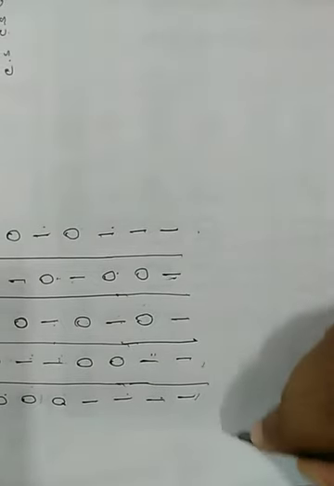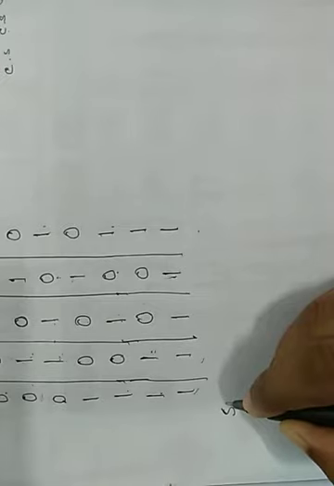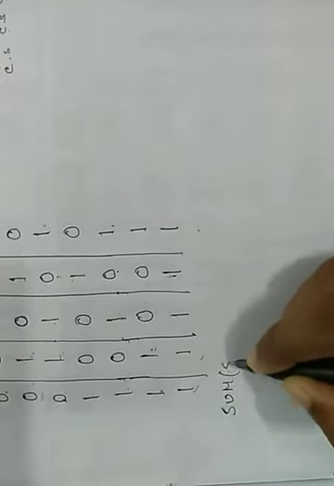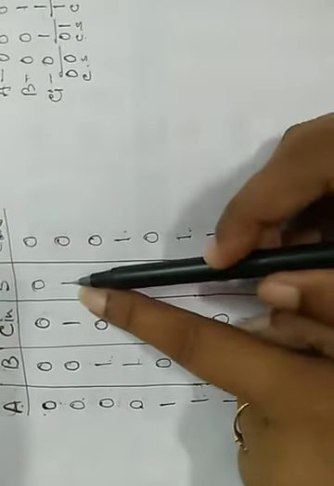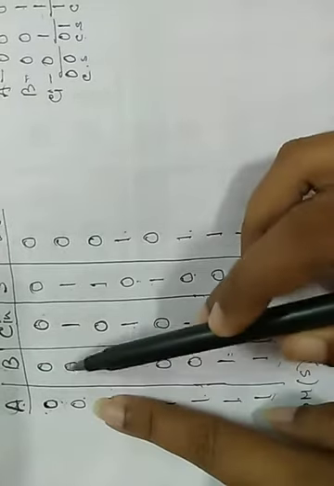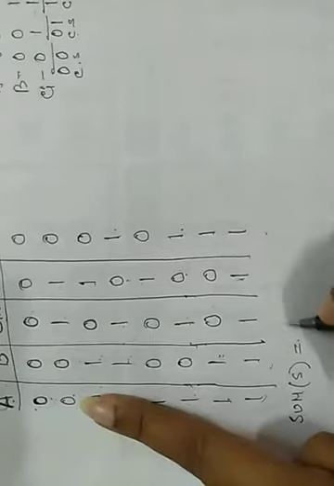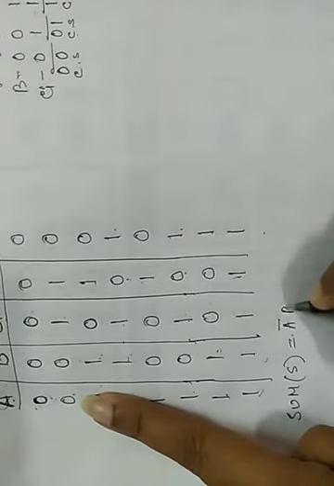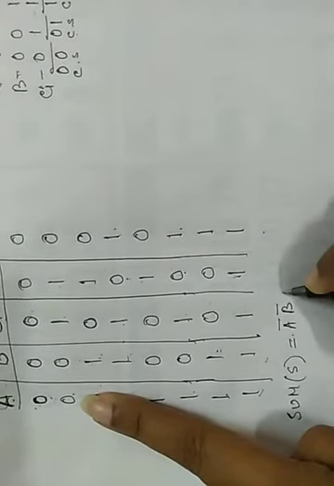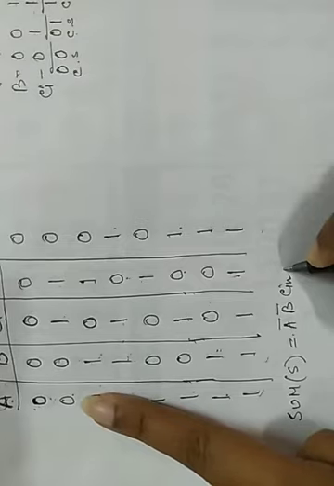Okay. So for sum, this is 1. We have to take value 1. 1 means A bar, B bar, C in. Okay. So let us write A bar, B bar, C in. Clear?